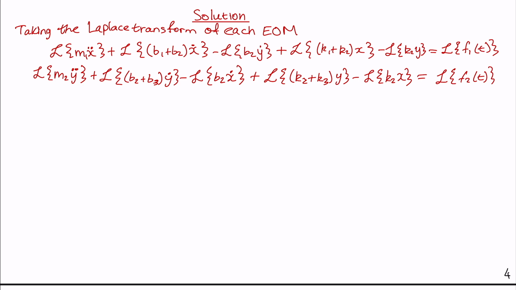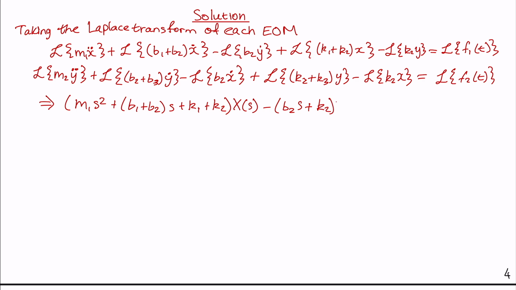It's going to give us two equations. First, we'll get M1 s squared plus quantity B1 plus B2 times s plus K1 plus K2, times X of s, minus B2 times s plus K2, that times Y of s, is equal to F1 of s.